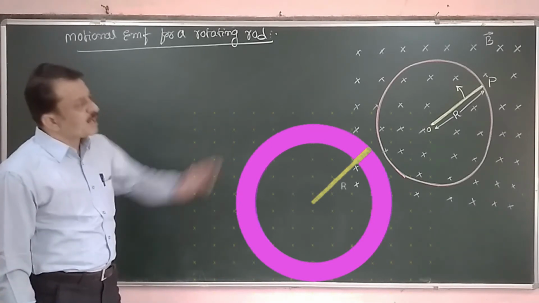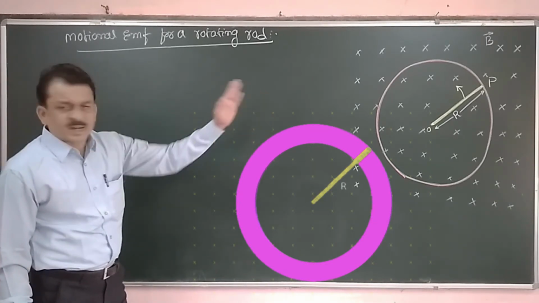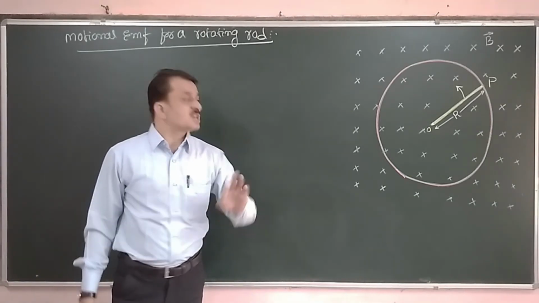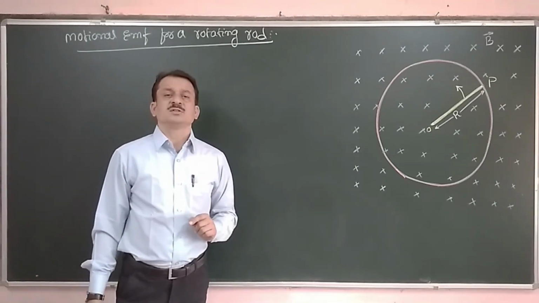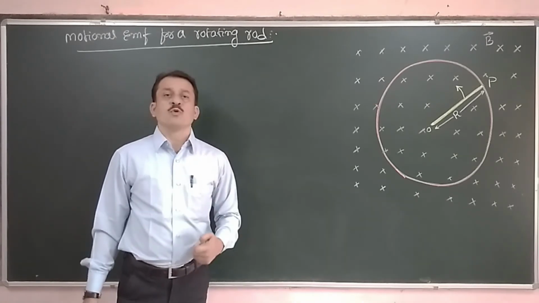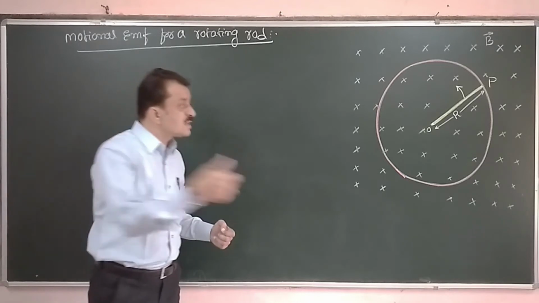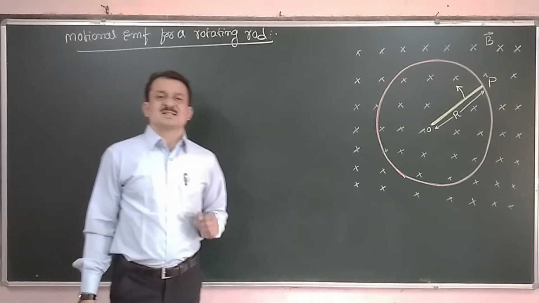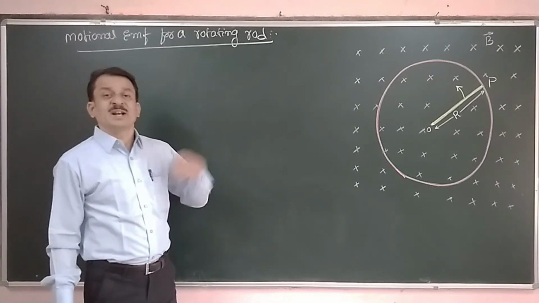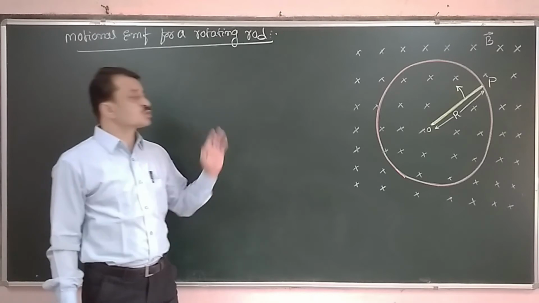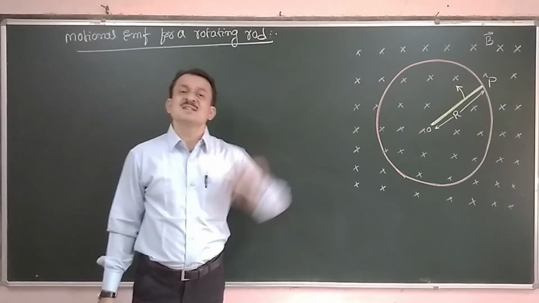Now as and when that rod is rotating, the positive charges which are present in that rod experience the magnetic force towards the center O, whereas the electrons which are negatively charged experience the force away from the center.